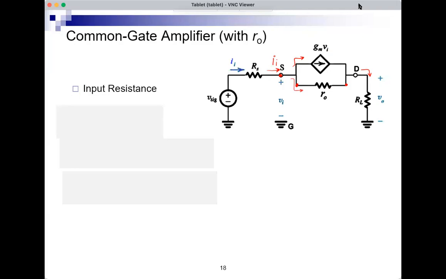The current in RO is the voltage across RO divided by RO. What's VRO? The voltage here is VI. The voltage here is VO. So VI minus VO over RO. That's the input current, GMVI, plus VI minus VO over RO. Okay, what's VO?